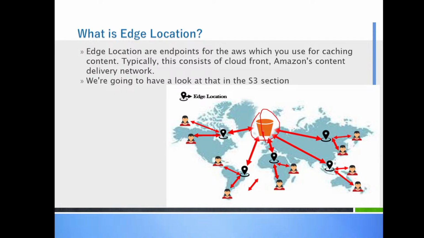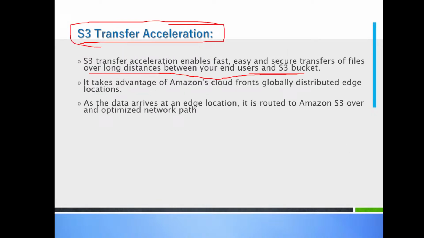So if you have data here and you are downloading or accessing the data from your S3 bucket from a very far region, you might get non-optimal performance. So you can enable S3 transfer acceleration, where a copy of your data in S3 will be kept in a nearby edge location, so that you can access the data quickly and in less time. That's what S3 transfer acceleration is.